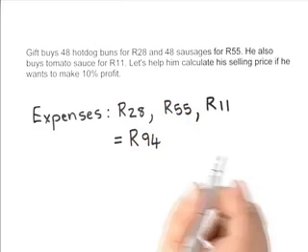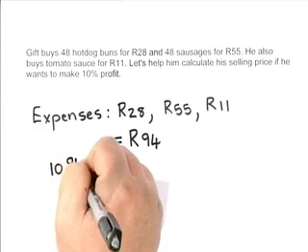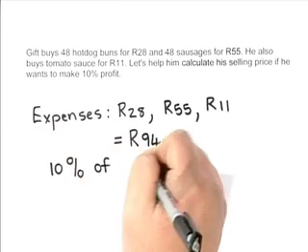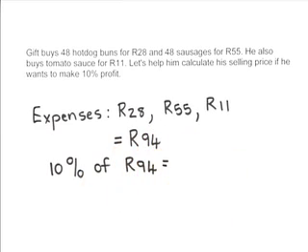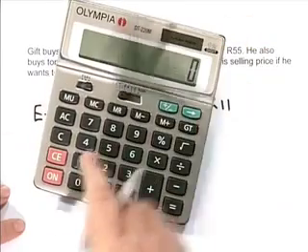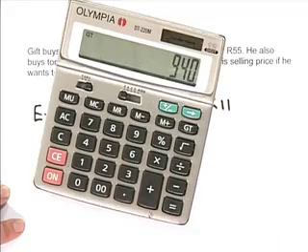Now we need to find out the 10% profit he wants to make. So let's say 10% of 94 Rand. Let's use our calculator. 10% of 94 Rand gives us 9 Rand 40.